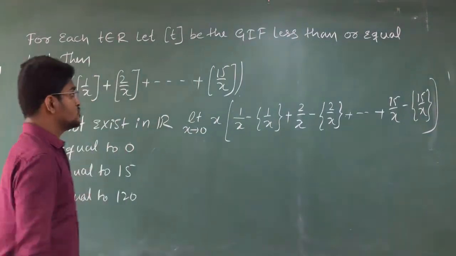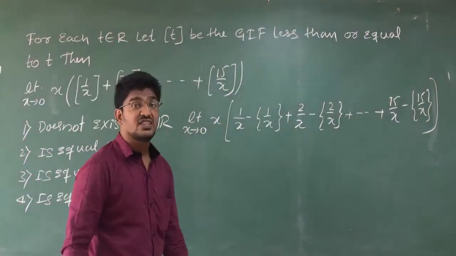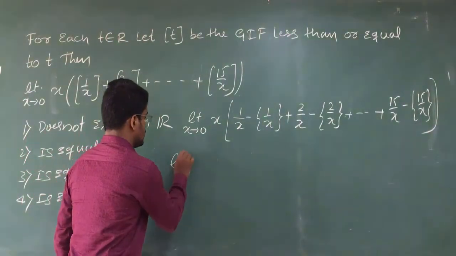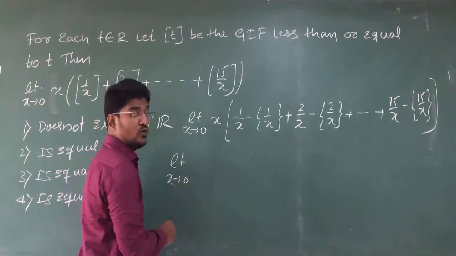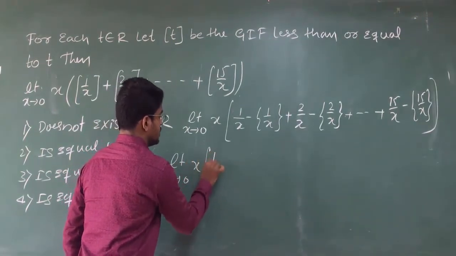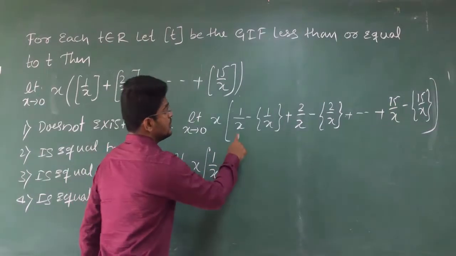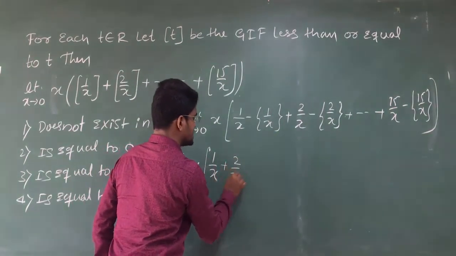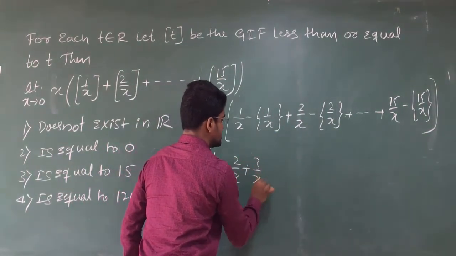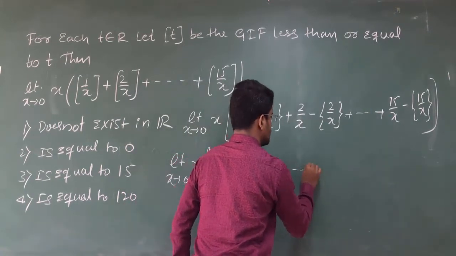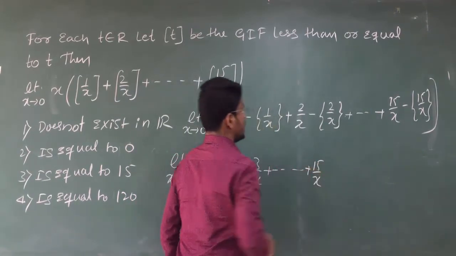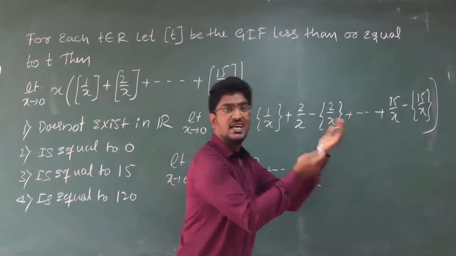Okay. So now if I simplify this, what you are going to get? Limit extending to 0, x as it is, I will write 1 by x plus 2 by x plus 3 by x plus so on to 15 by x. So these terms I am going to take separate.